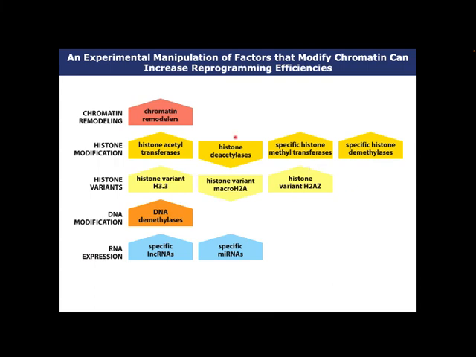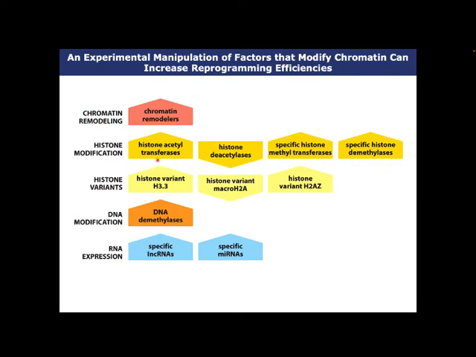To modulate these epigenetic barriers, scientists have developed various ways to make the reprogramming process more efficient. For example, the expression of chromatin remodelers makes the reprogramming easier.